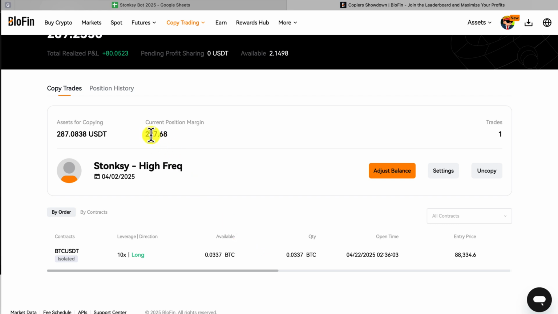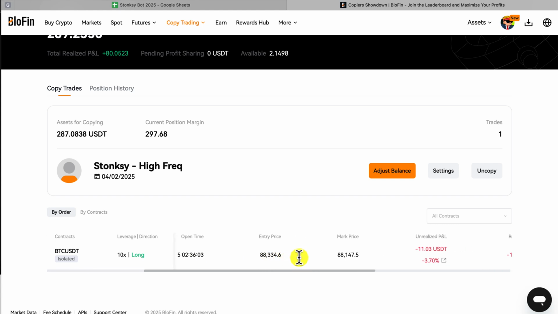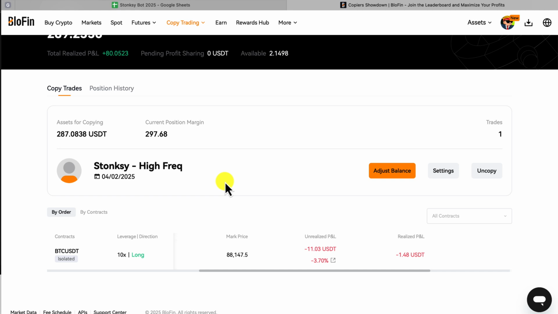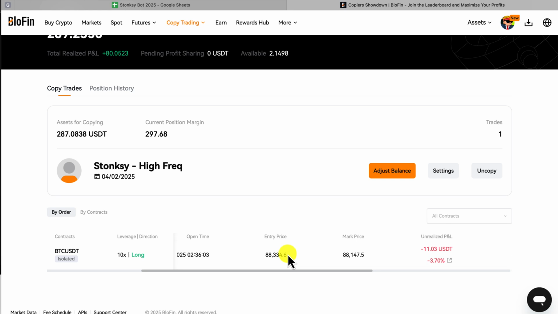The current position is 297.68 USDT, and I think that is because there were some fees involved with opening the trade, which is showing here as the realized profit and loss. So it did indeed take as much as it needed to open the trade fully.